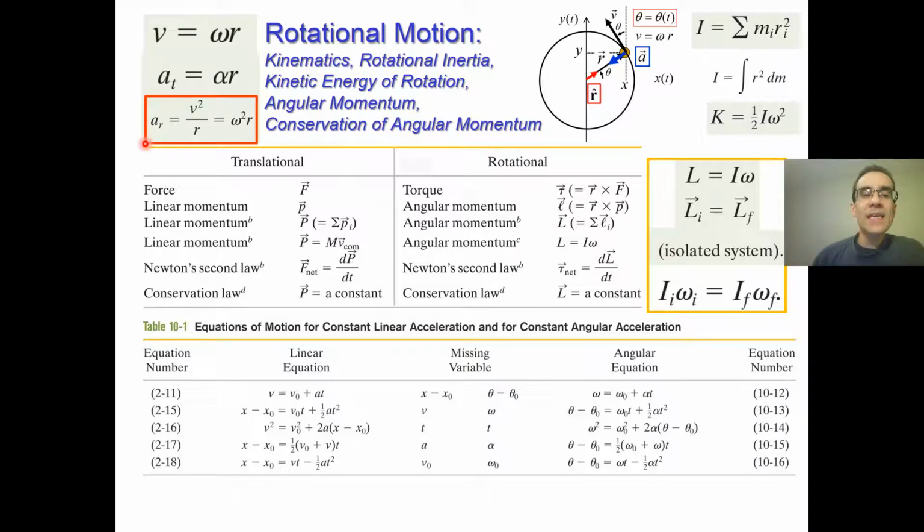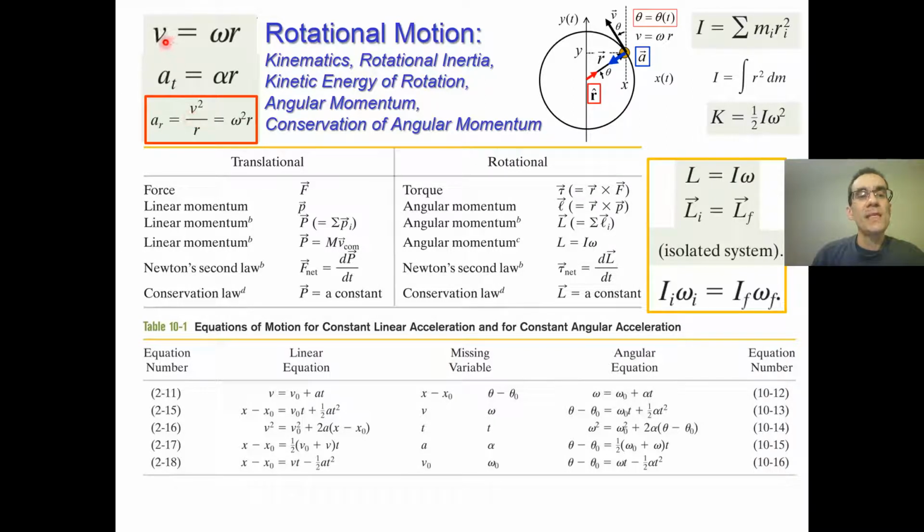Now, here's another idea that we also developed, the so-called centripetal acceleration. Sometimes we call the centripetal acceleration a sub r because it's a radial acceleration. The centripetal acceleration, which is indicated here in blue, has a magnitude equal to the linear velocity squared divided by the radius.